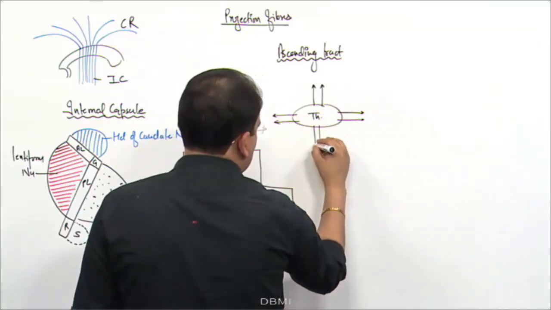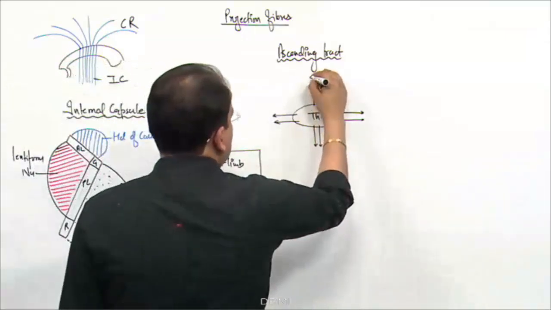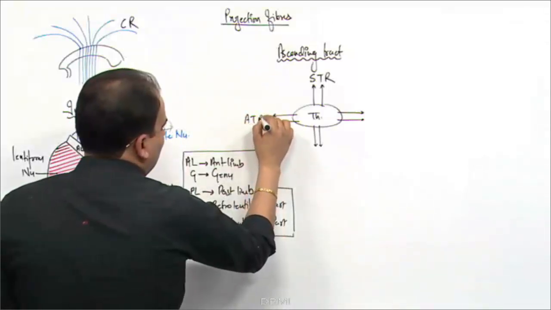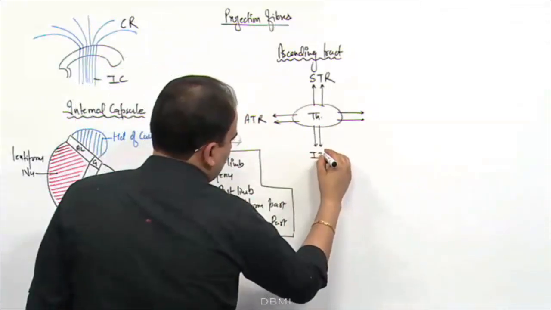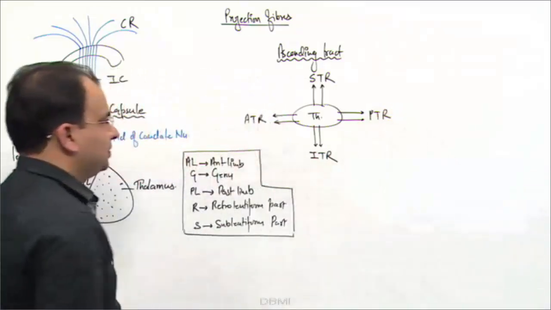From the thalamus we have these thalamic radiations going all over in the cortex. This is superior thalamic radiation, anterior thalamic radiation, inferior thalamic radiation, and posterior thalamic radiation.